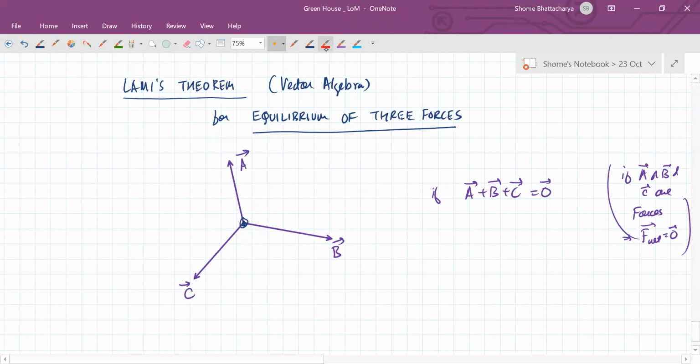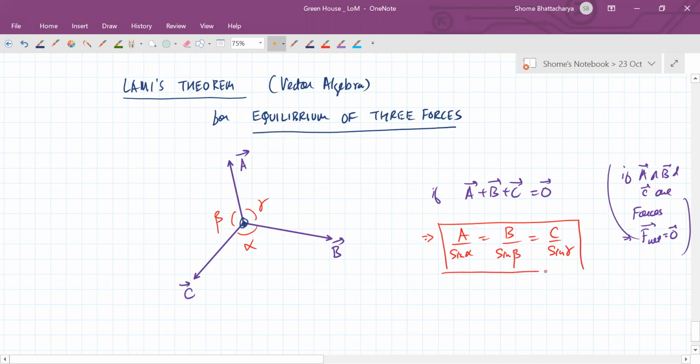Now the condition for this is, see, opposite to A, the angle between B and C, we'll denote that with alpha. Opposite to B, the angle between A and C, will denote it with beta. And opposite to C, the angle between A and B, will denote it as gamma. So the condition is that magnitude of A divided by sine alpha should be equal to magnitude of B divided by sine beta should be equal to magnitude of C divided by sine gamma.